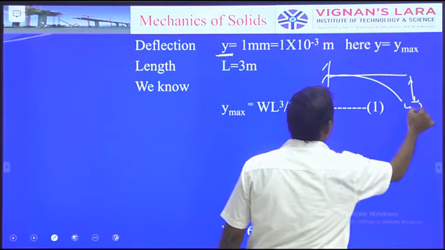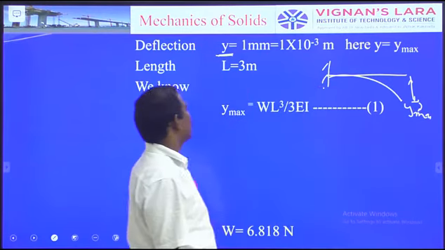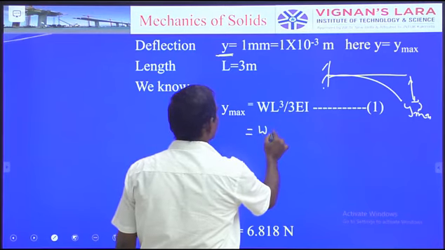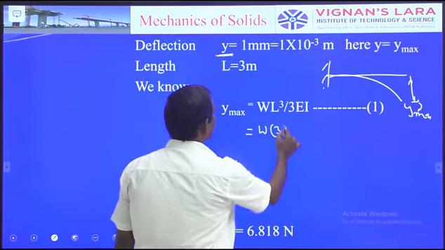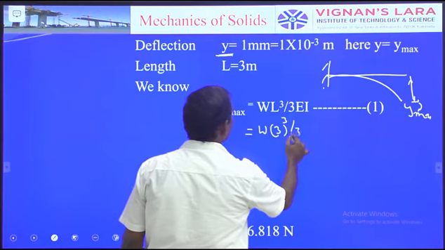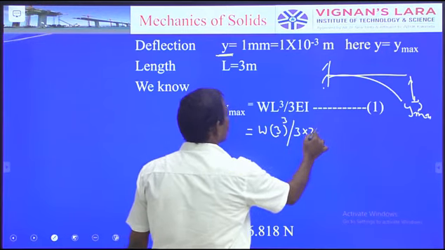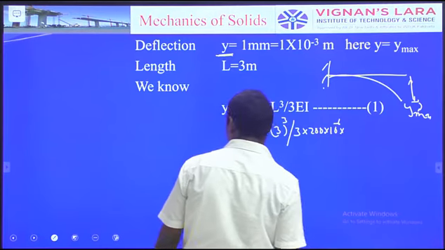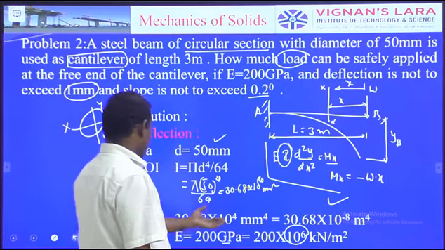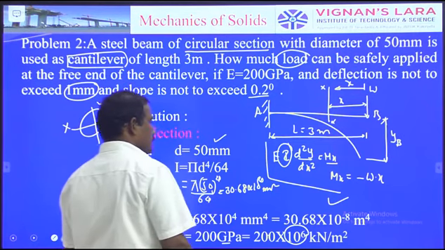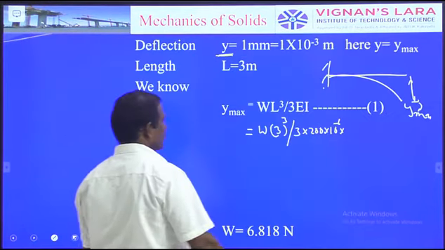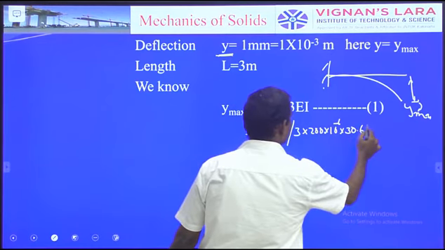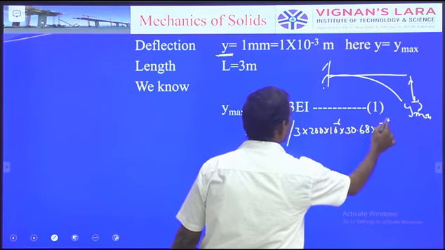So the length we know, y maximum is equal to W into 3 cube whole divided by 3 into E, which is 200 into 10 to the power 6, into I, which is already calculated, 30.68 into 10 to the power minus 8.